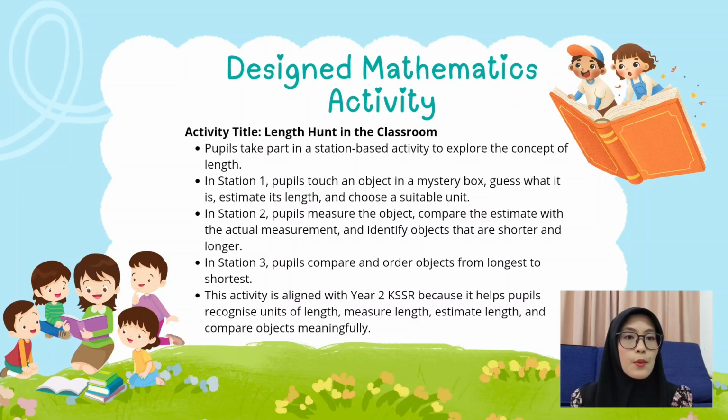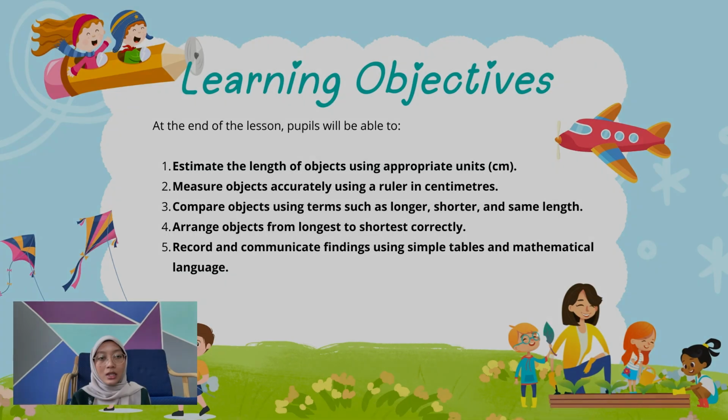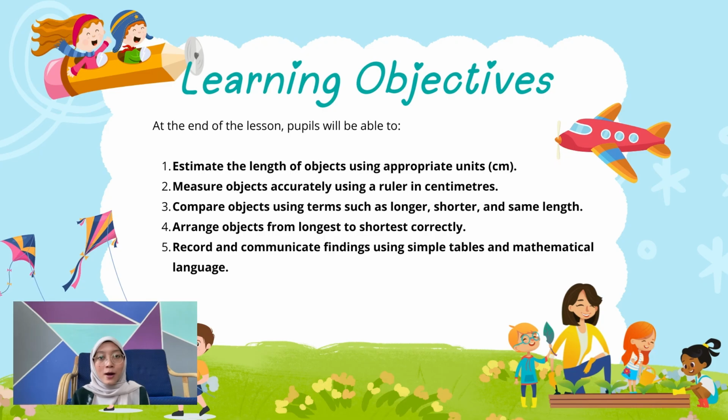In station 3, pupils compare and arrange objects from longest to shortest. This develops logical thinking and ordering skills. This activity is aligned with Year 2 KSSR because it supports pupils in recognizing units, measuring length, and comparing objects in a meaningful and engaging context. At the end of the lesson, pupils should be able to estimate length, measure correctly, and compare objects.